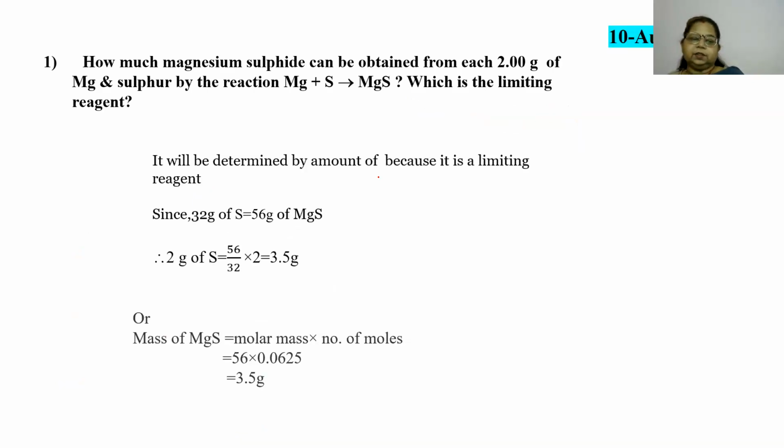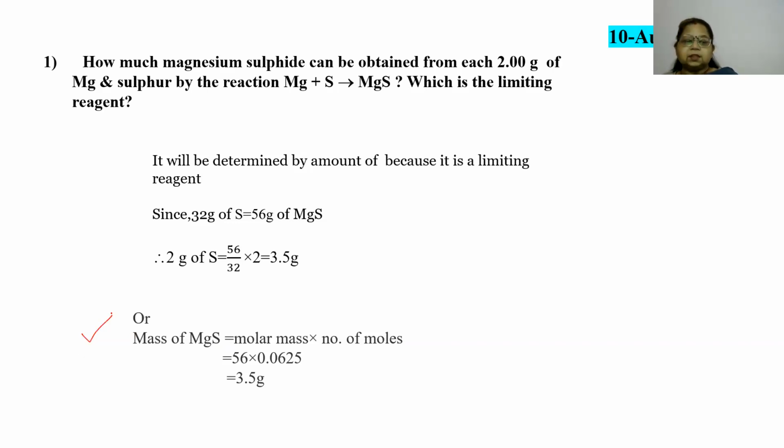Okay, I'll show you the answer. You could have done it in 2 ways, either the first one or the second one. You have to consider sulfur because sulfur is present as a limiting reagent. It was simple, you multiply. The second option seems to be the easier one.